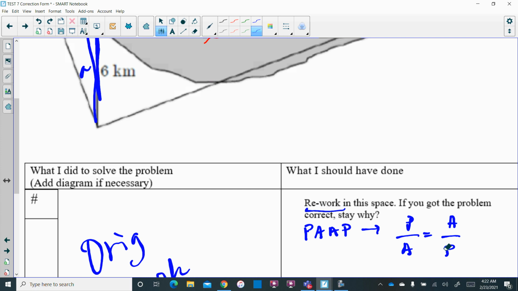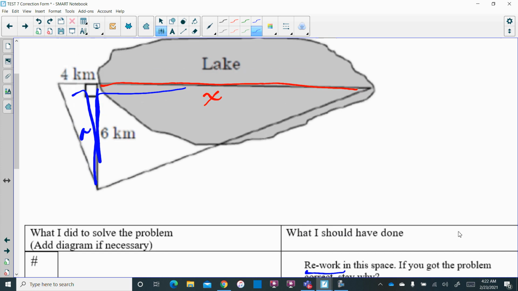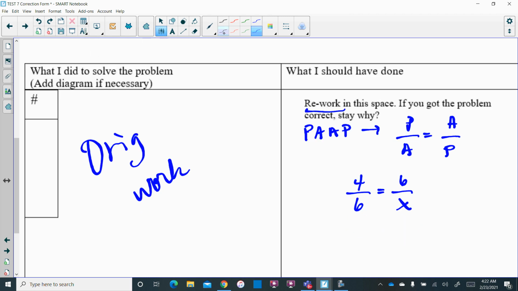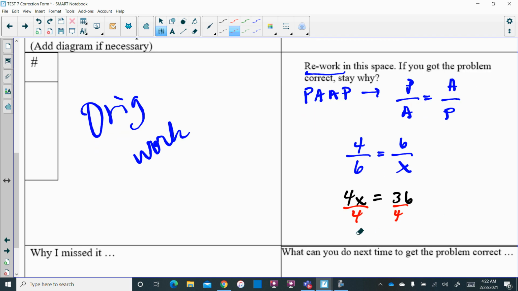The altitude doesn't necessarily have to be the x, okay? Your part could be an x. So this should have been set up as 4 over 6 equals 6 over x. And so when you cross multiply here, you get 4x equals 36. And then we're solving for x, so we have to divide by 4. And so x equals 9.